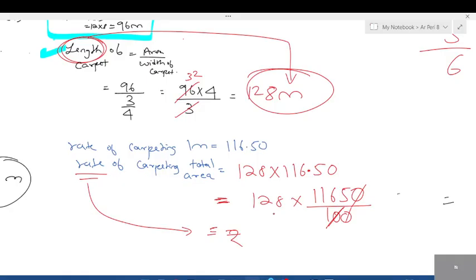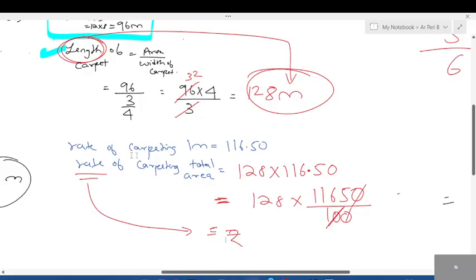Next, I have to start square. Be quick. Okay, shall we try the next one?